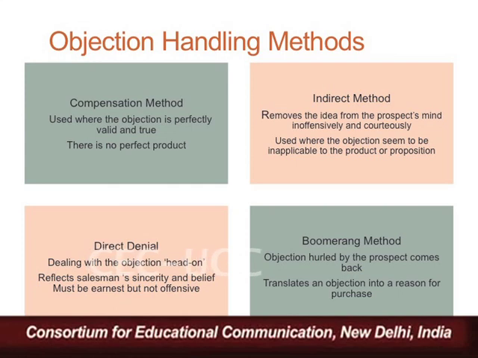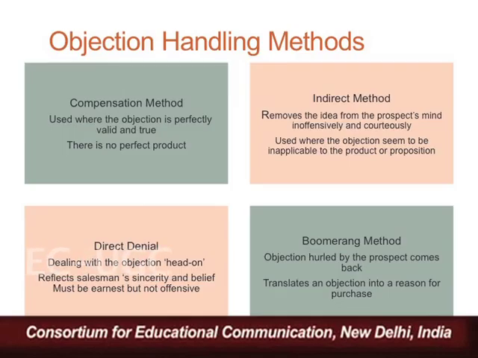Also because it converts the objection into a reason for making an effective purchase. It turns out to be effective only in the hands of a skilled persuader, who knows that this is something which you have to turn into the very reason for making a purchase by the prospect.